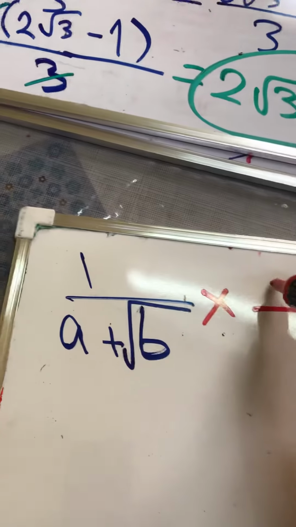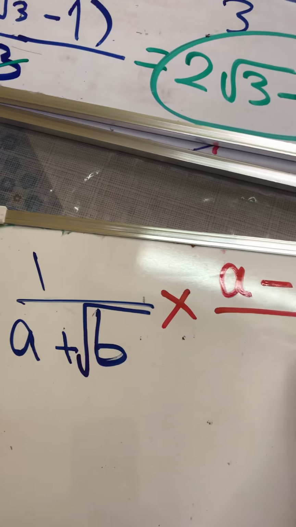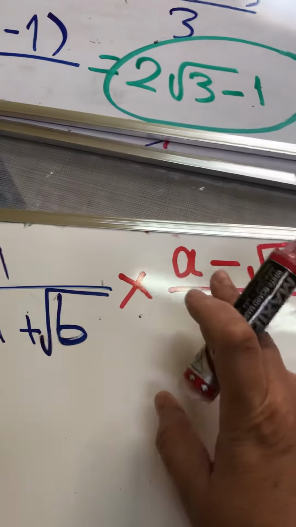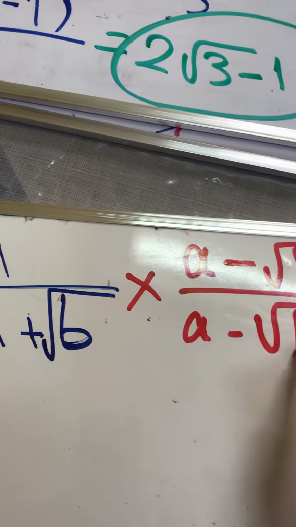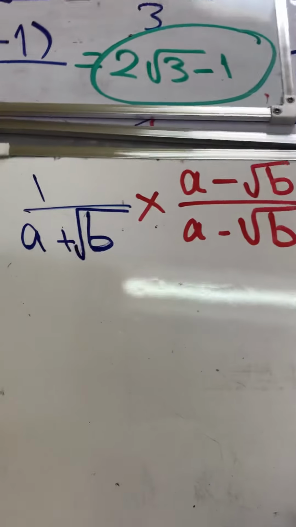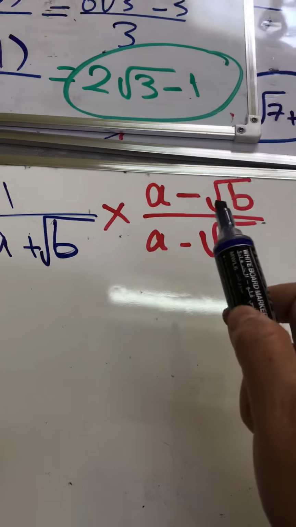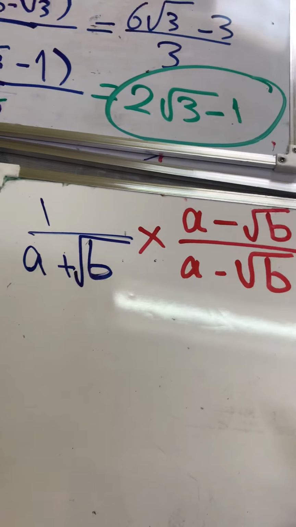So I'll multiply by a, take care, minus square root of b. What I have is a plus, so it will be a minus, over a minus square root of b. Okay, so if I have a fraction with denominator a plus square root of b, I'll multiply by a minus square root of b over a minus square root of b.